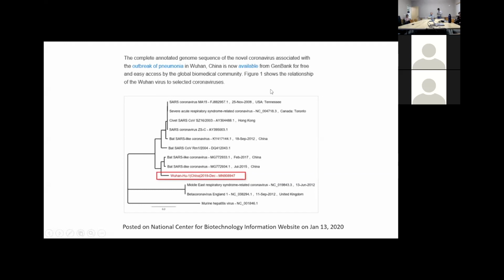What's also remarkable on this slide is that they were able to genome sequence this virus on January 13th, 2020, after this virus was described for the first time in December of 2019. And the complete genome sequence was actually posted on the web by January 13th. So just some remarkable strides in genome sequencing.